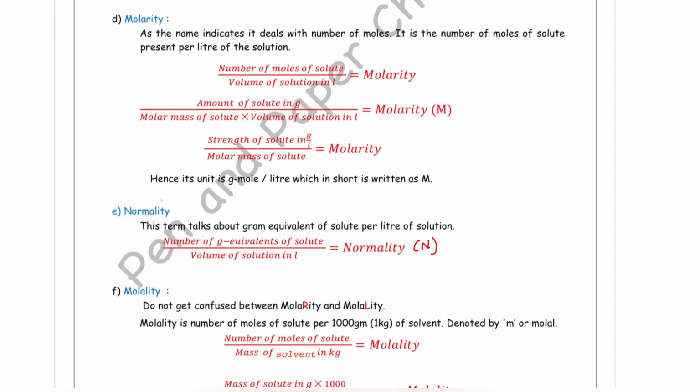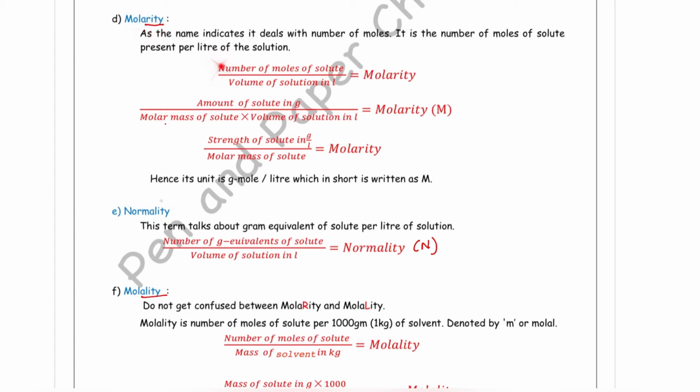Let us now talk about molarity, normality and molality. Just be very careful about RITY and LITY over here, because that makes a lot of difference to the way we define and understand it.